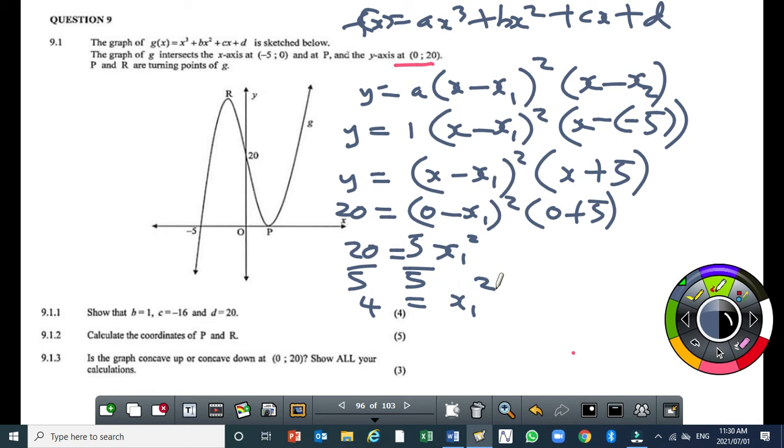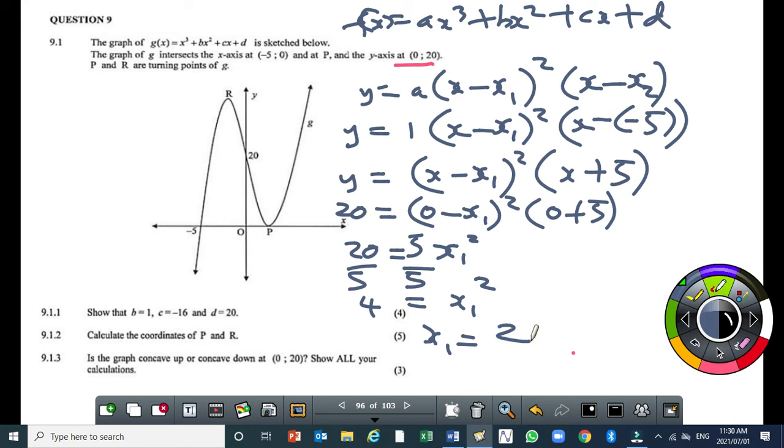Alright? Then when you find the square root, means x1, you take the positive, because remember the square root of 4 is both negative and positive. But you take the positive because of the point. So x1 is going to be 2.